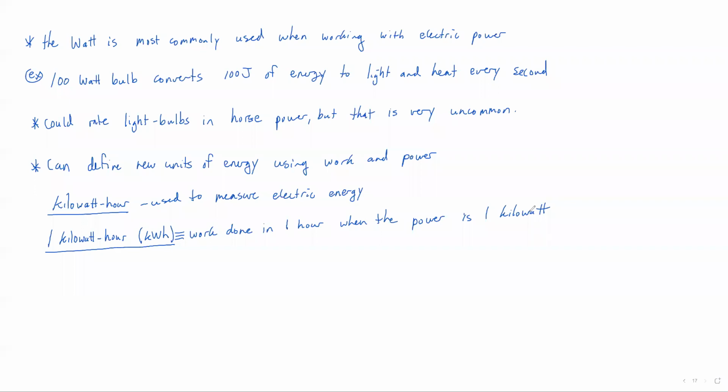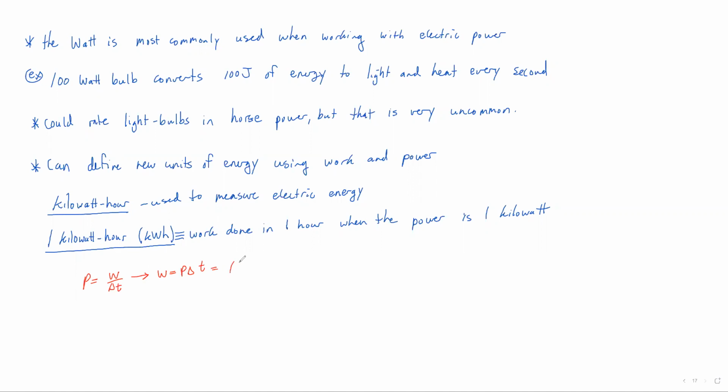So the kilowatt hour is defined as the work that's done in 1 hour if you have the power of 1 kilowatt. So we can actually determine what that is in joules. You know that power is equal to your work over your change in time, so your work is going to be power times your change in time.